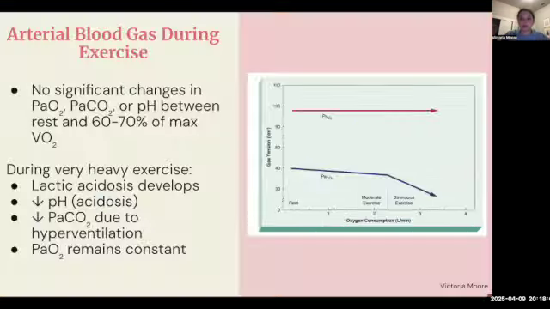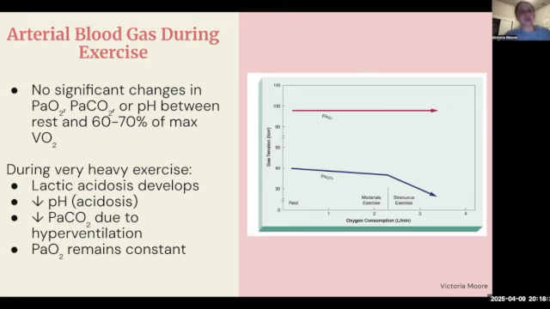So next up is arterial blood gas during exercise. Oftentimes when you are in the hospital, you will have an ABG drawn, an arterial blood gas. And as we learned, that is oftentimes how they decide if you are in an alkalosis or acidosis state. Depending on your symptoms, that will determine if it's metabolic or respiratory.